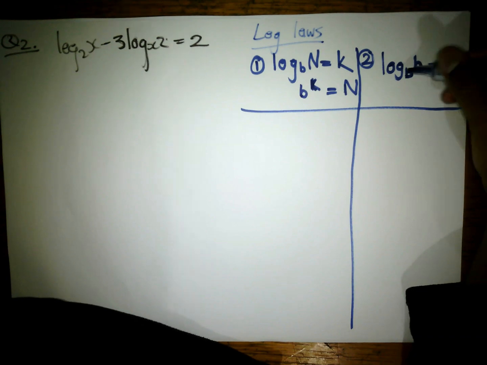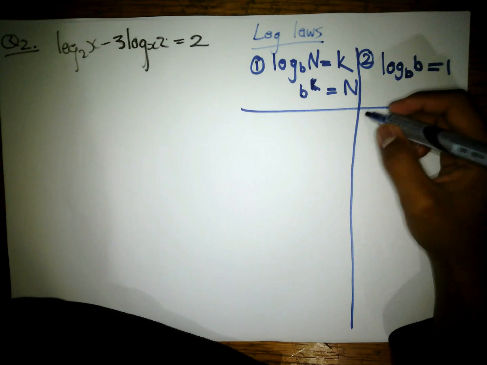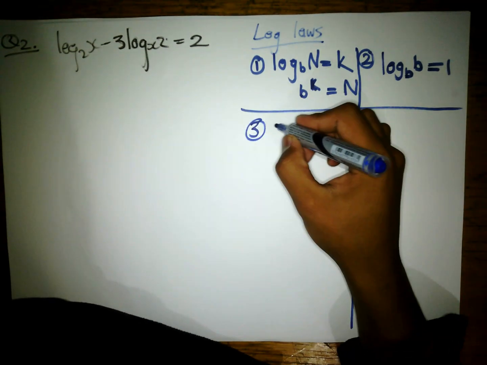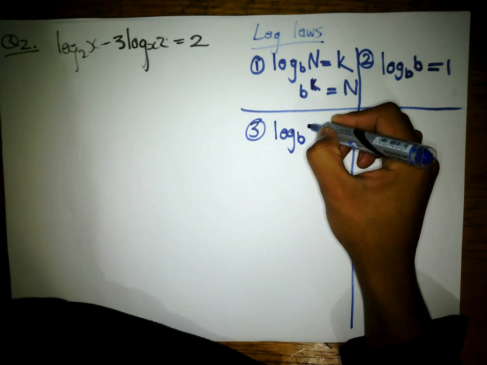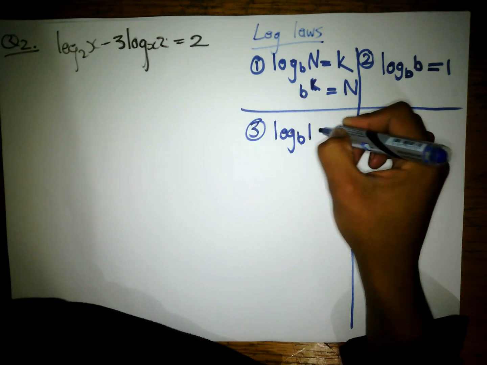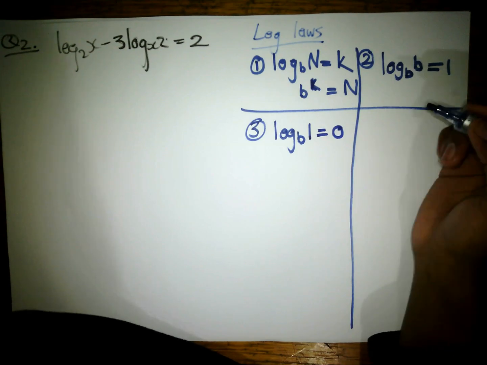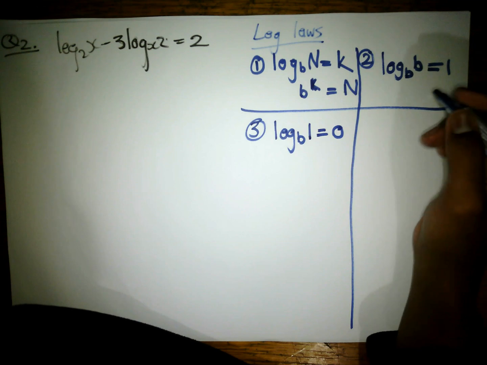If it's log infinity and beyond, it will equal 1, no matter what it is. Number 3 is saying anything that is log base to the number 1 equals 0. No matter what you get, it will always be like this.